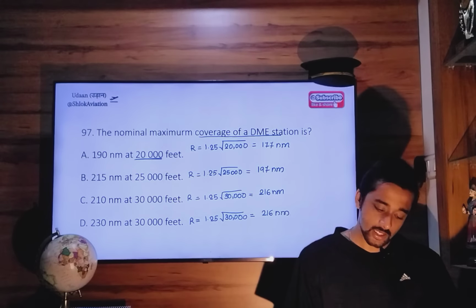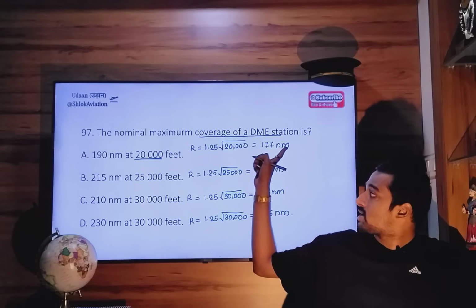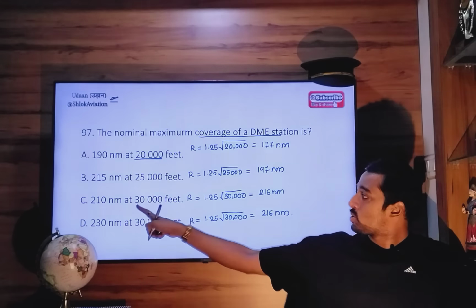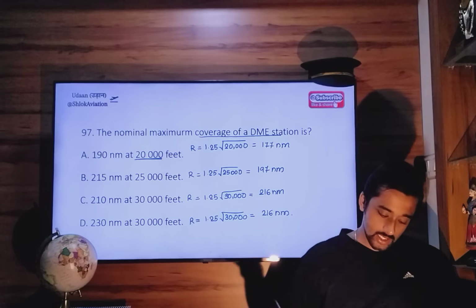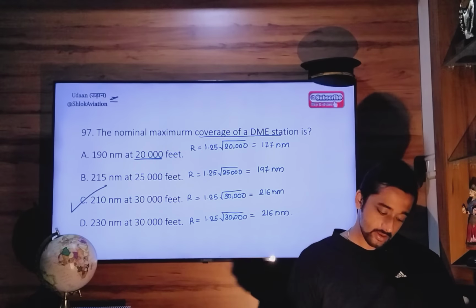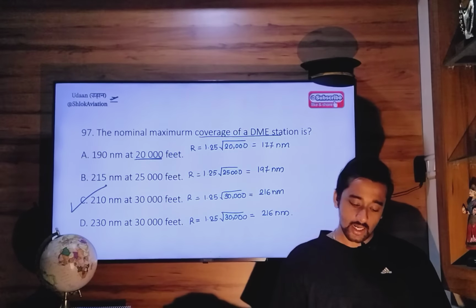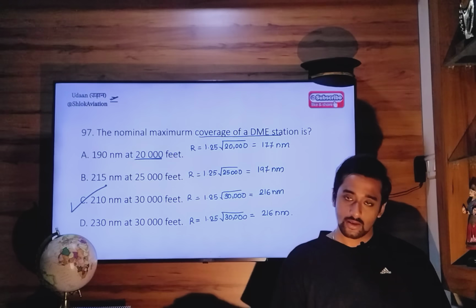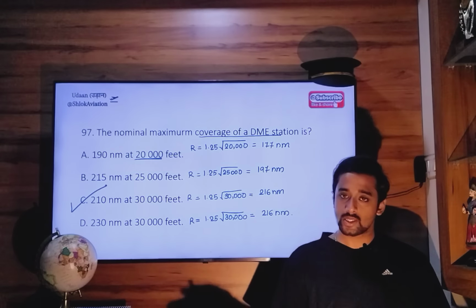So of all the options, the closest option is, so 190, 177, 210, and this is 216. The closest is Charlie. Okay, closest by 6 miles. Delta is closest by 14 nautical miles, right? So the closest is Charlie.